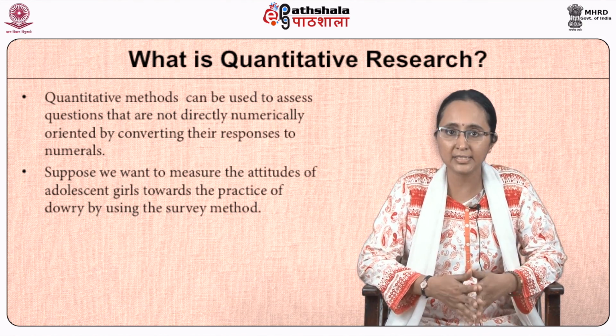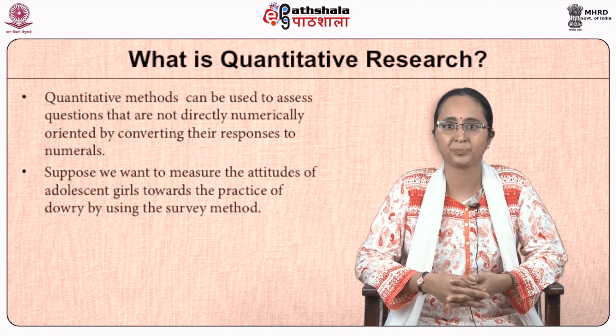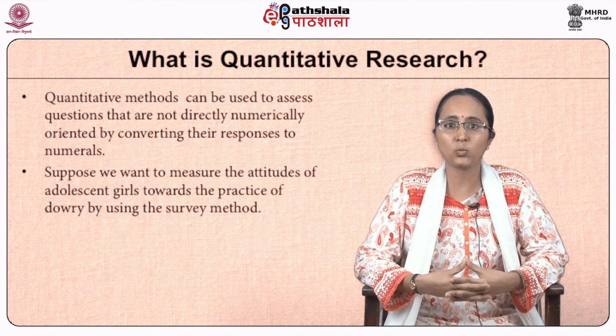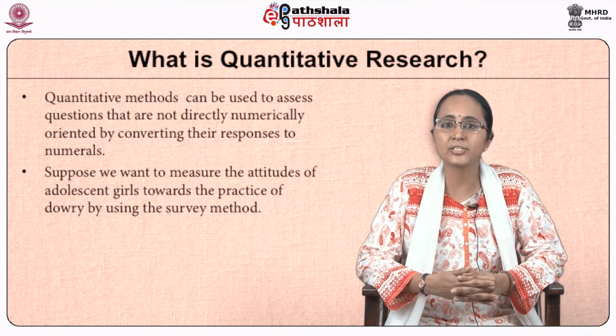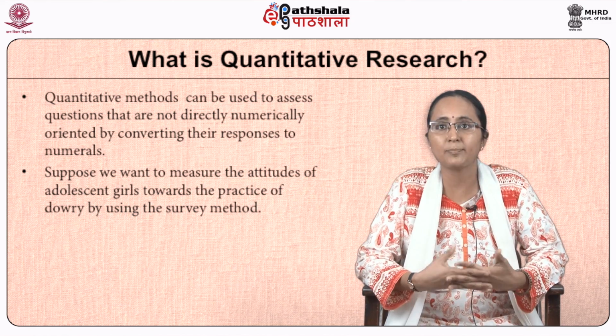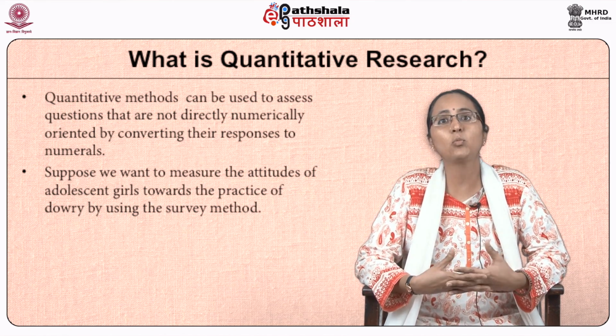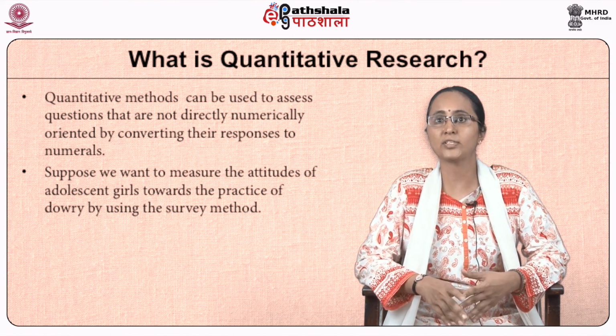What do we mean by this? Let us consider an example. Let us assume that we want to understand the attitudes of adolescent girls towards the practice of dowry. We want to use a survey method. We want to do a quantitative research. So how are we going to do this? We could prepare a bunch of statements, say 5 statements, and give a scale to assess their attitude.